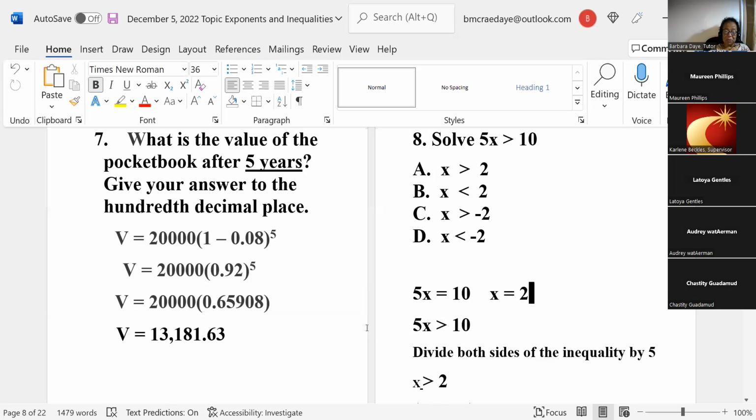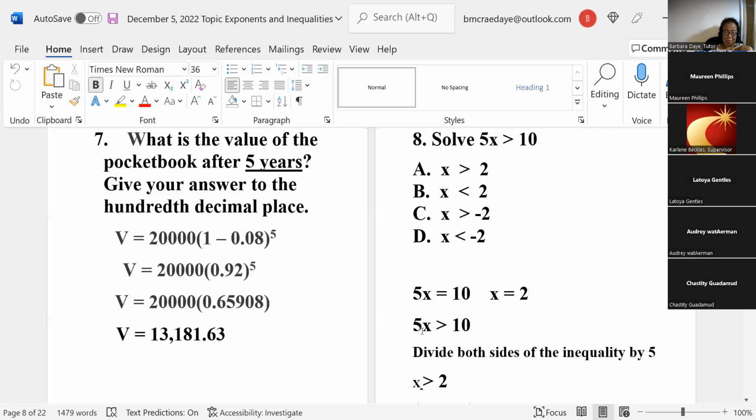So this becomes true only when x is greater than 2. Because if it's equal to 2, then you'll have 10 equal 10, but that's not what it's saying. It's saying 5x is greater than 10. That means x has to be 3 or higher, right?